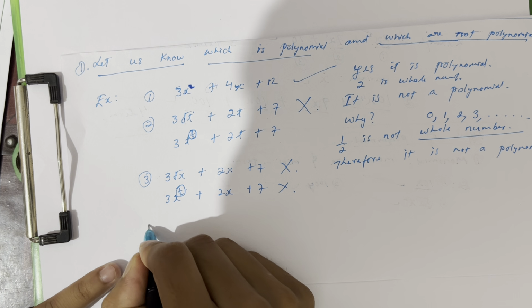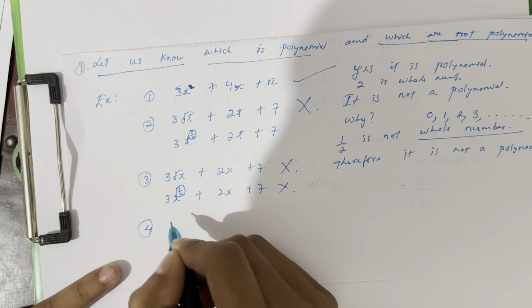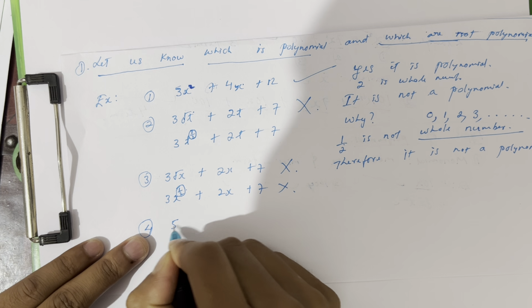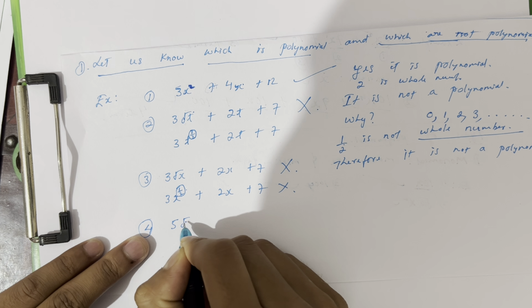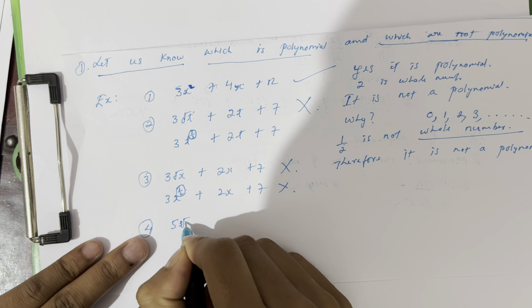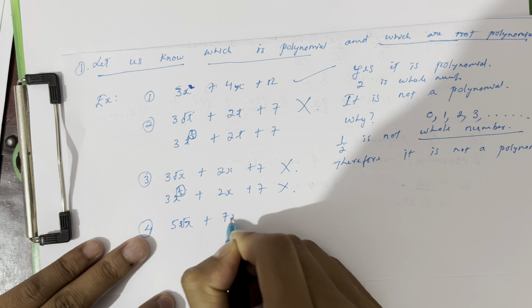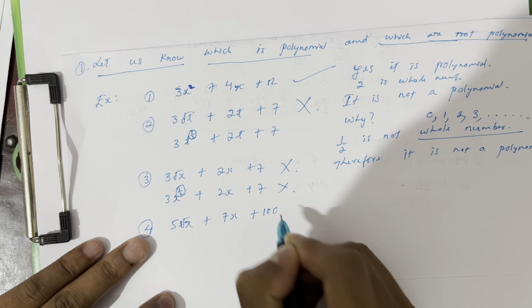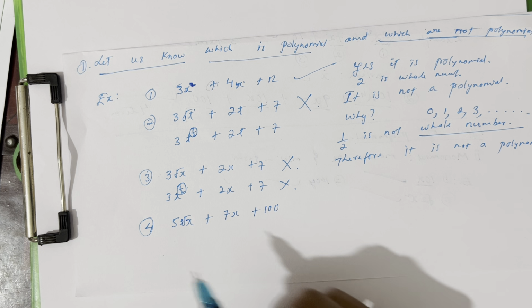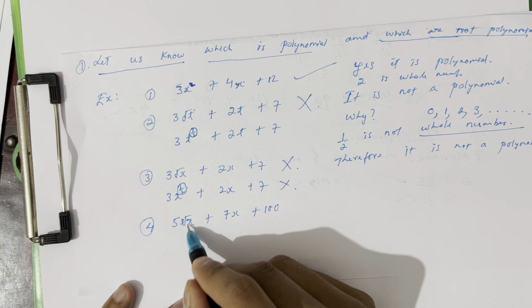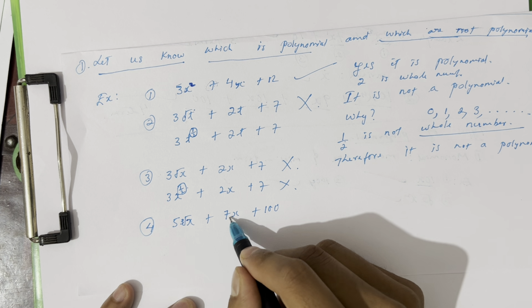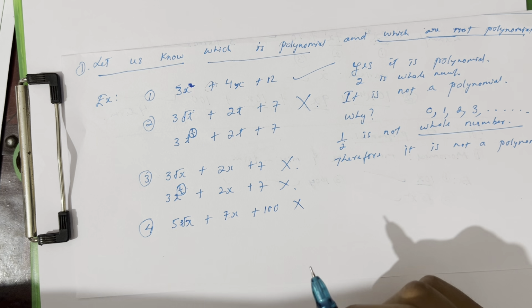Now I will give you one more example. Let's say 5 cube root x plus 7x plus 100. Is this a polynomial? This is not a polynomial.